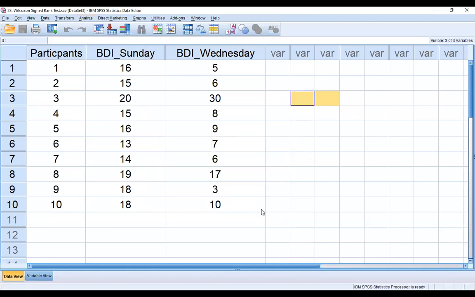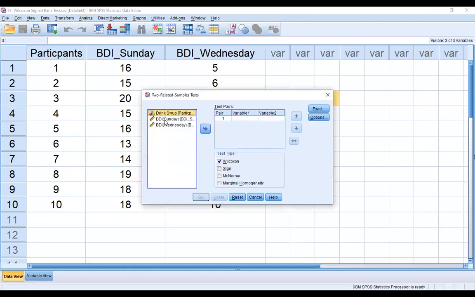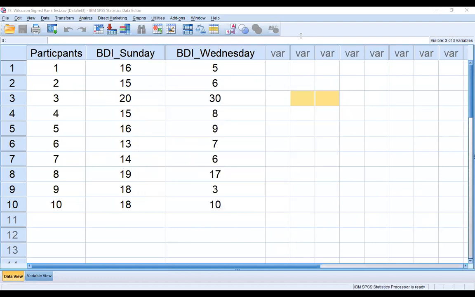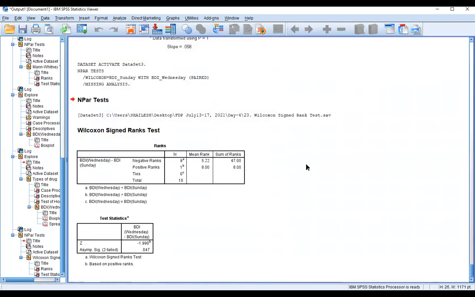Okay, and then I am transferring both the variables, Sunday score and Wednesday score. By default, you can see here Wilcoxon, and then okay. And after okay, I am showing you the result. The result of my data is this.